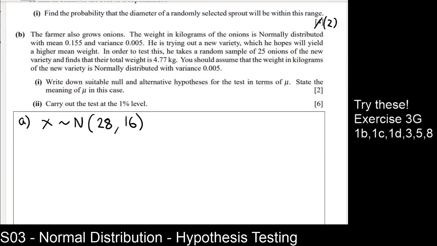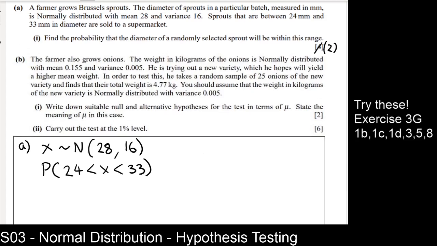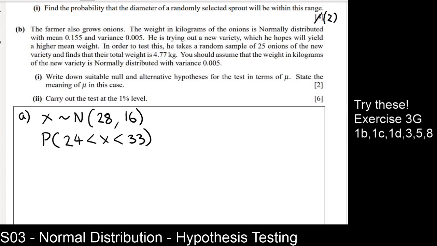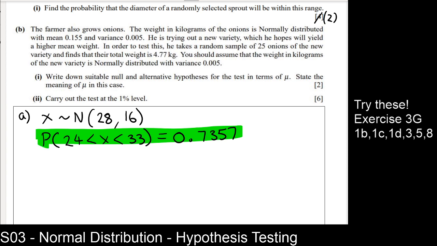This is just what we've been doing since the start of the normal distribution booklet, with our data as normal. So the probability that it's between 24 and 33, that's what we're looking at. The probability it's in the range of 24 to 33 is going to be 0.7357. So we'll just be doing that there.